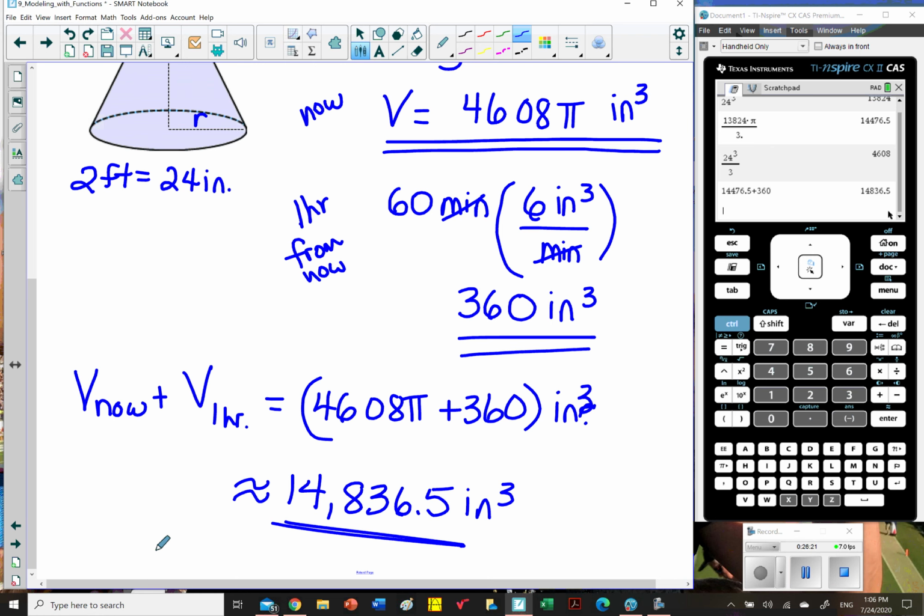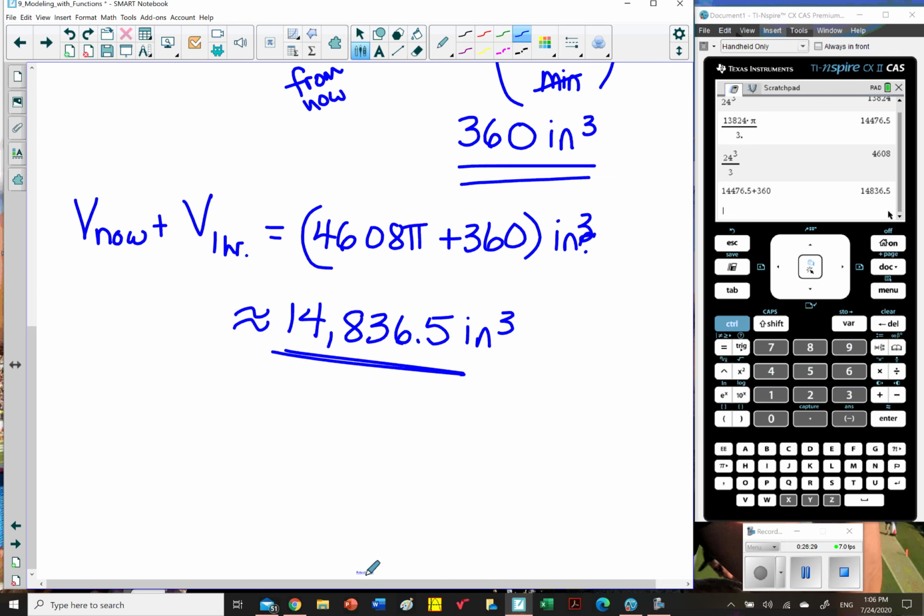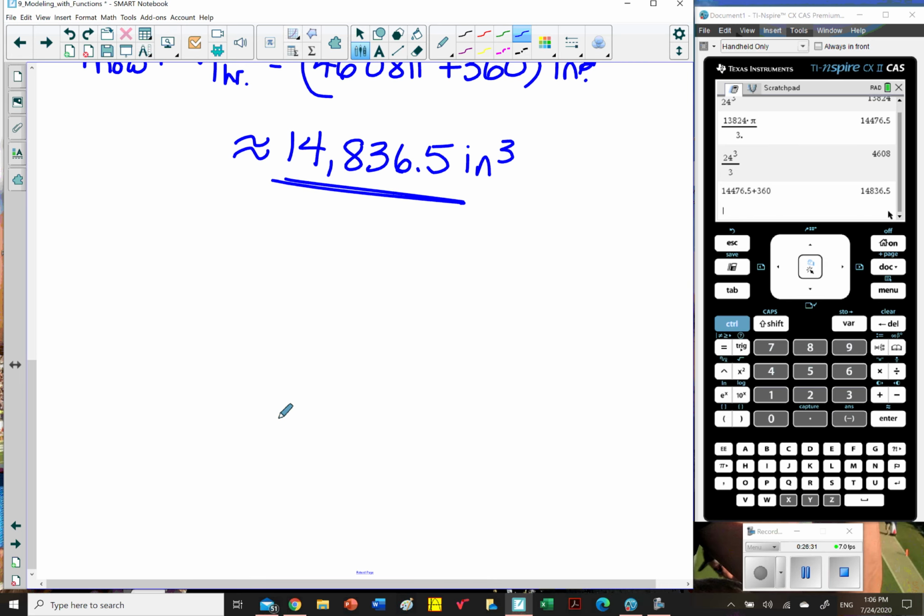How tall will it be in an hour? So that's the height. Oh, well, we answered something we didn't need to answer. So how are we going to find the height? The height in an hour, I didn't read carefully. The height in 1 hour, I'm going to go back to the volume formula.